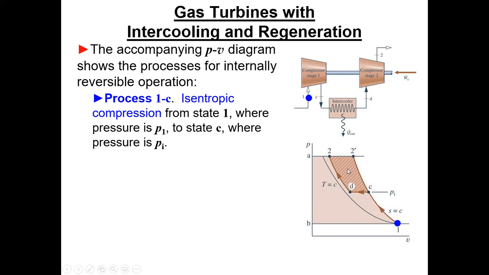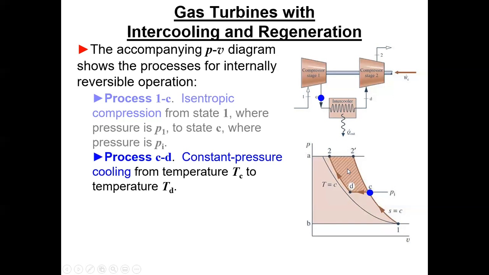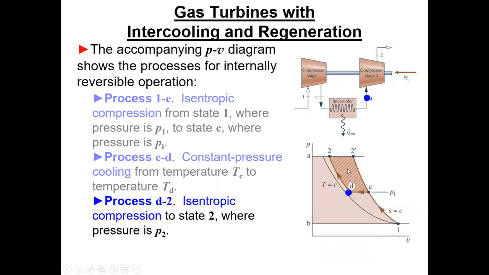So the first stage goes from 1 to C, then we go through the intercooler at constant pressure, because it's ideal. We cool down to D, and then the second stage of compression takes us up to 2.